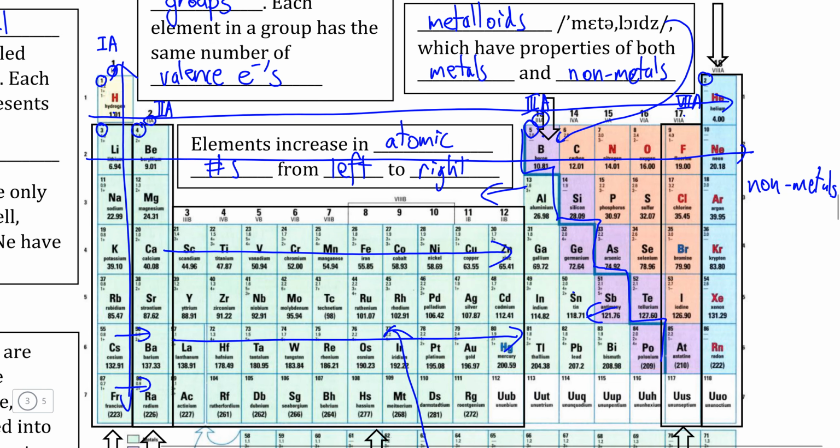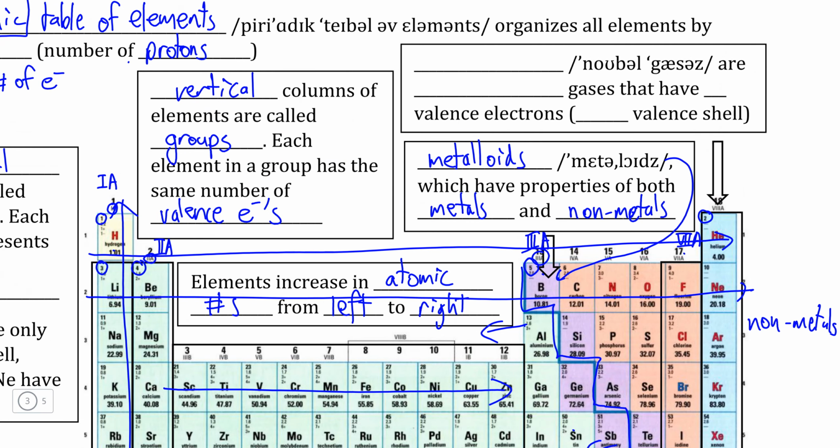which leaves the final group here, what we call group Roman numeral 8A. This is a family of gases that we call the noble gases, which are special, especially compared to halogens, because unlike the halogens, the noble gases are completely unreactive. And some of you may recognize helium here as a gas that you can breathe in that makes your voice sound high-pitched.